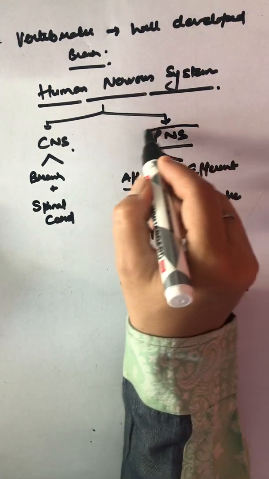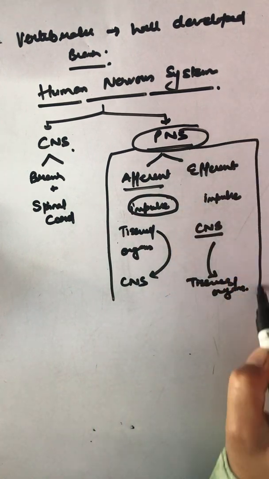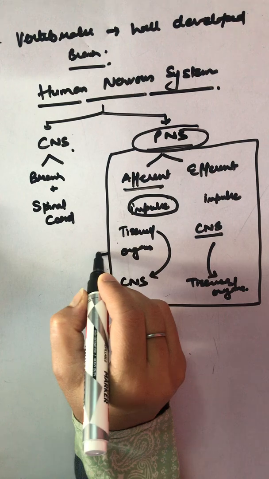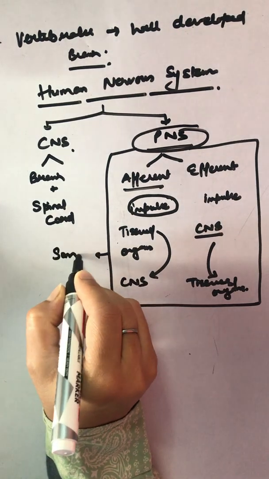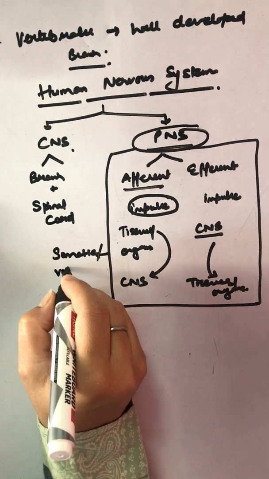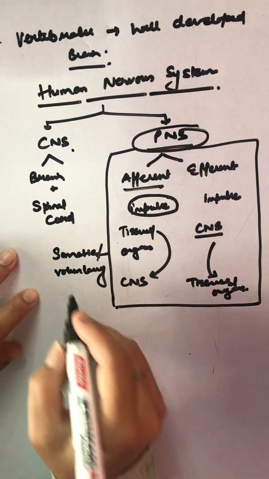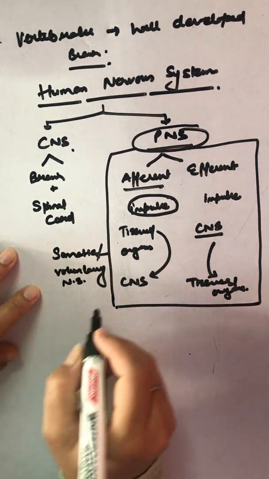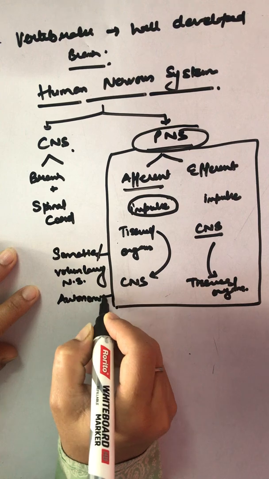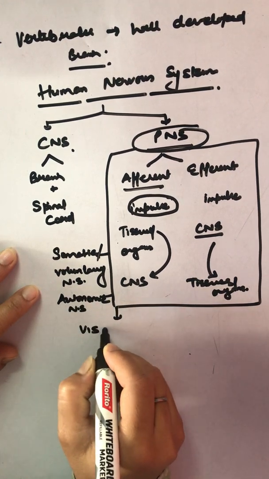This PNS further has three divisions. When we talk about the divisions, we say the PNS can show somatic, which we also call the voluntary nervous system, the autonomic nervous system, and the visceral nervous system.